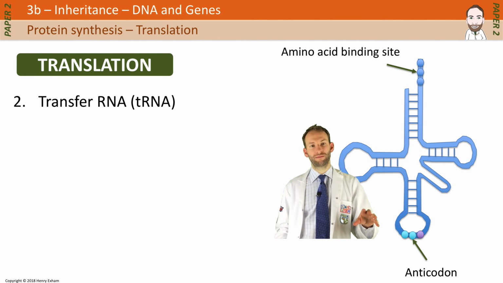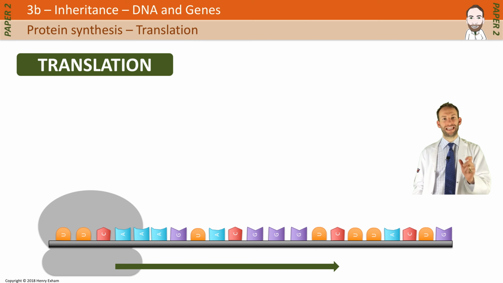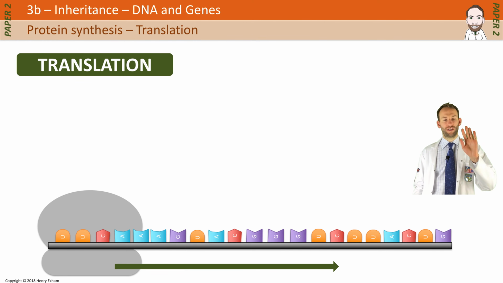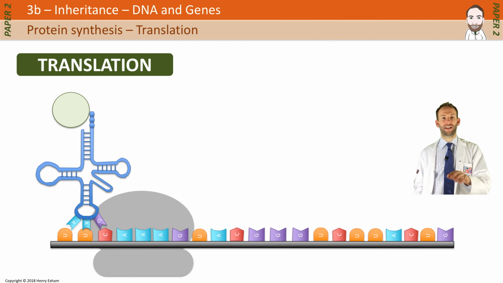So this makes more sense when you look at it as a diagram. And here's the ribosome, here's the messenger RNA, and the ribosome will move along the messenger RNA, reading 3 bases at a time, reading the codon. And at each codon, the corresponding transfer RNA with the anticodon that matches the codon will come in, and the amino acid will be attached to that transfer RNA. Then the next transfer RNA will come along. You get 2 coming in at a time.